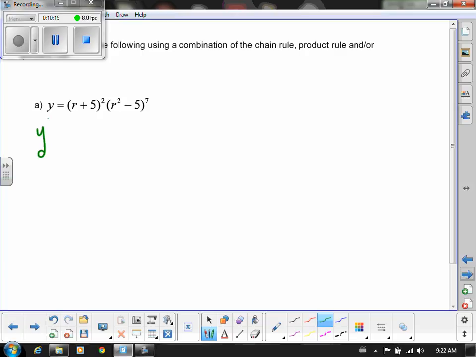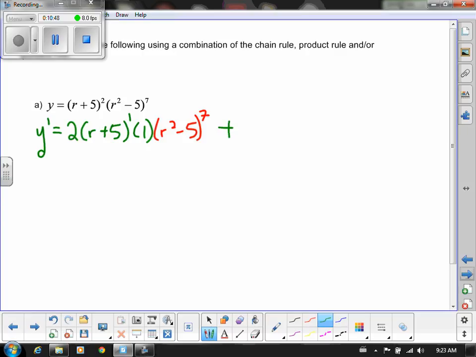So y prime equals the derivative of the first. So I'm looking at this bracket right here, that r plus 5 to the power of 2. First step, exponent comes down. Multiplied by the bracket unchanged to the power of 1. Then the derivative of the inside bracket is 1 times that r squared minus 5 to the power of 7.